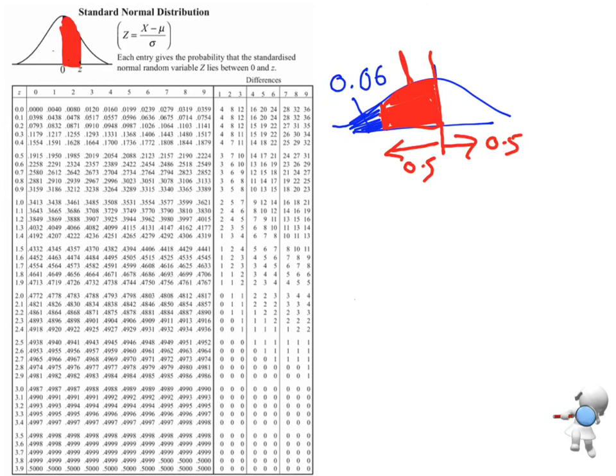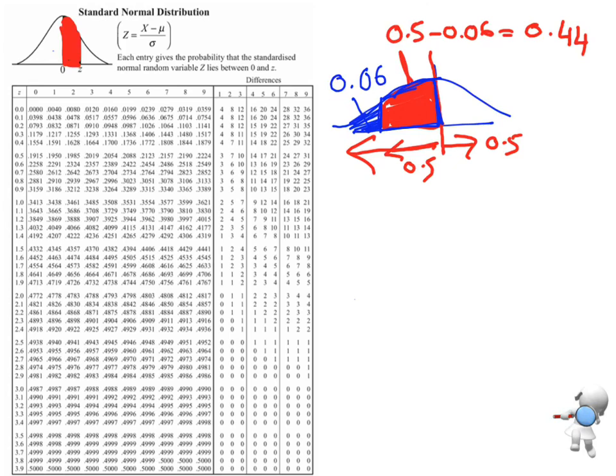To find this area there, it's my whole 0.5, which is all of that side, minus 0.06, and that means the value there is 0.44. That area there is 0.44.